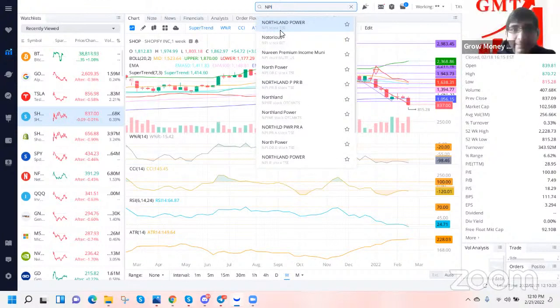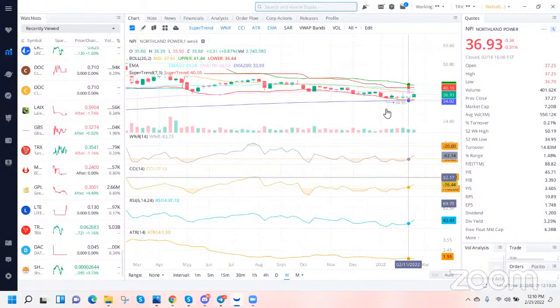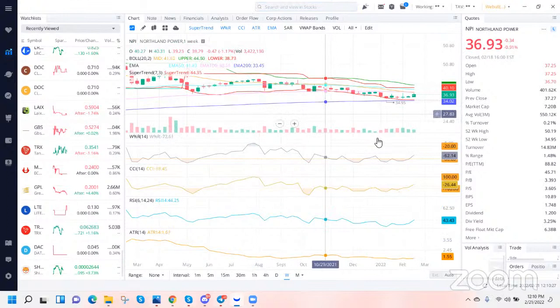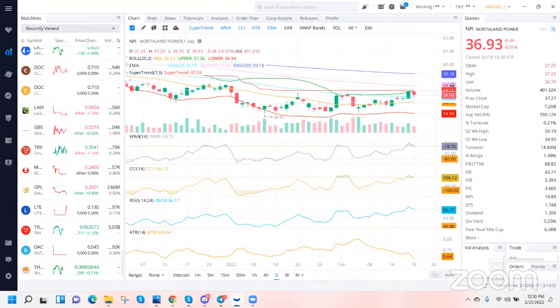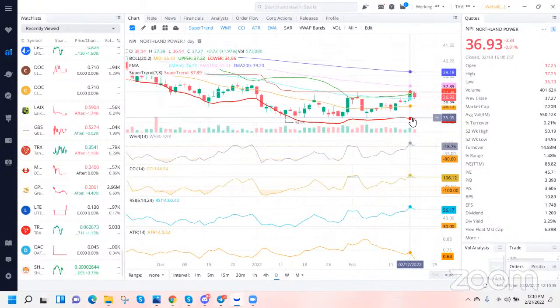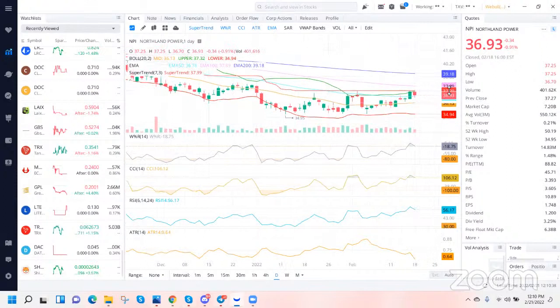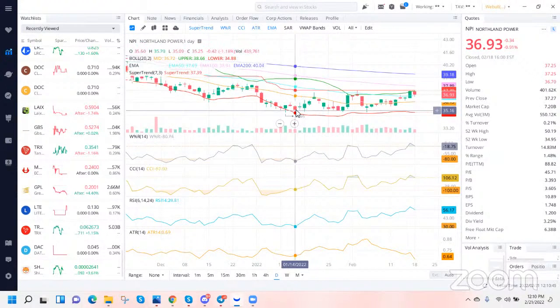So NPI on TSX is Northland Power. Yes. Right. So Northland Power, as we also saw on the weekly chart, even though the market has been on downtrend with this turmoil, the stock has reversed around mid Jan.